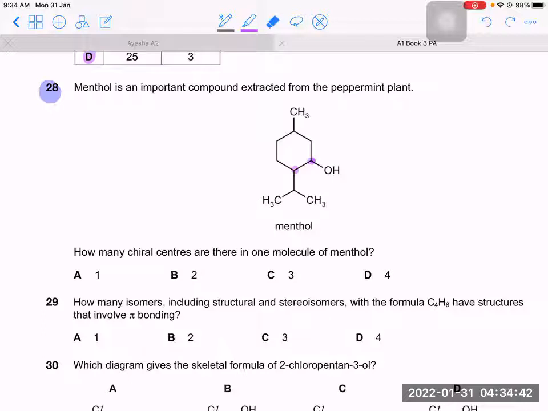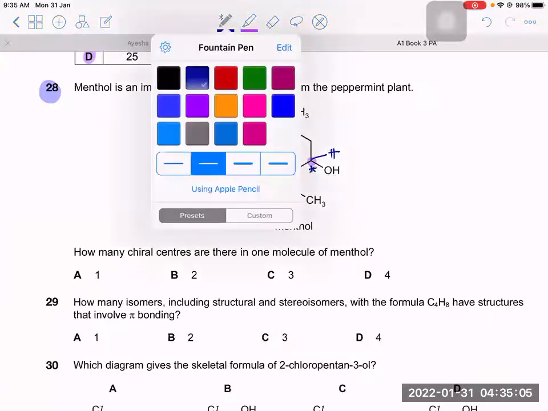So you are just left with 2 options. This one and this one. Let's check. This has 1 hydrogen, 1 OH. Make a line of symmetry. You see this side is very different from this side. Is this chiral? Yes. So this is chiral. Then we have this one.